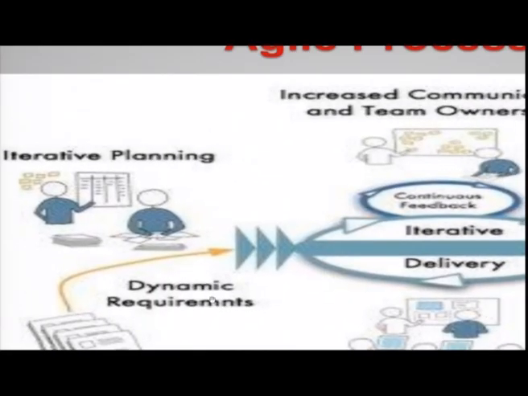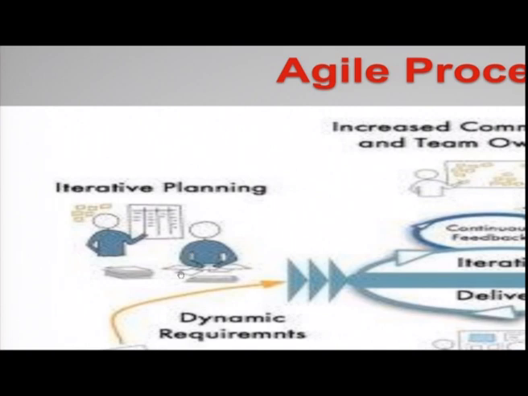When you work with agile software development life cycle models, you have frequent change in requirements. Such a change in requirement you call a dynamic requirement. So, when you have a dynamic requirement, definitely your planning will change.